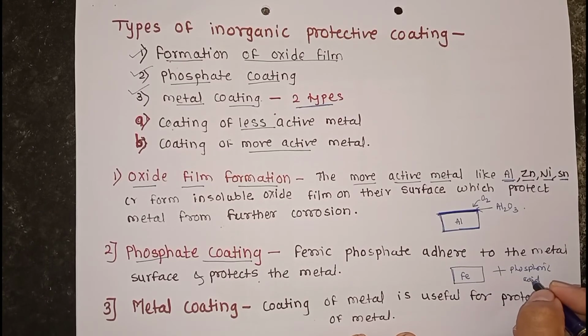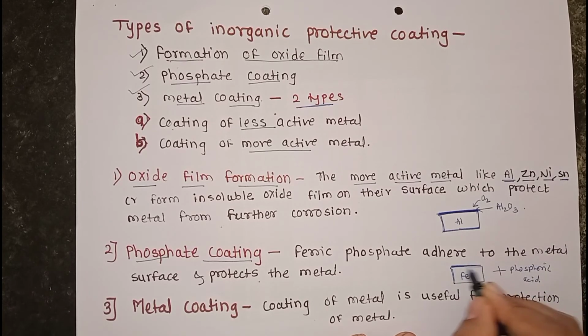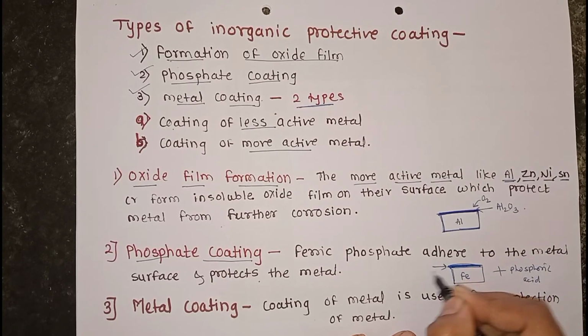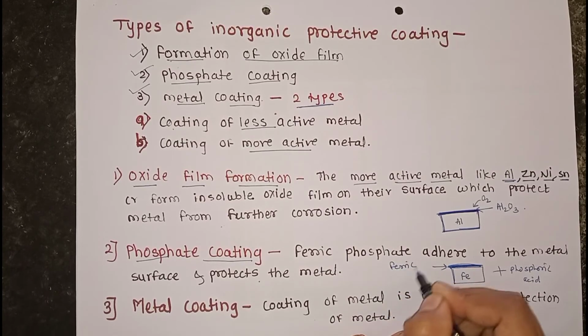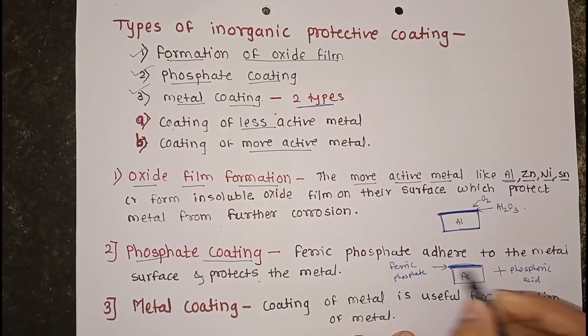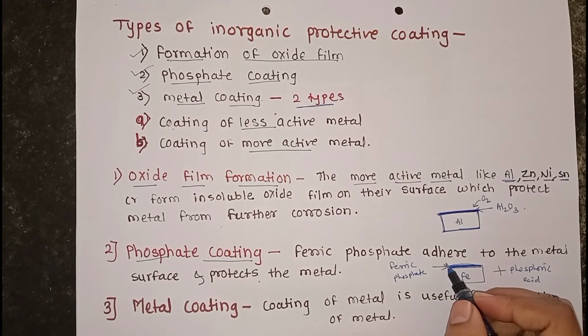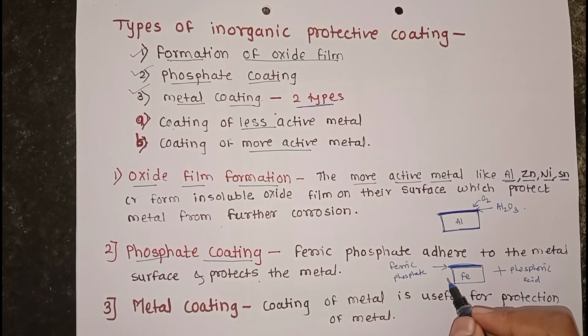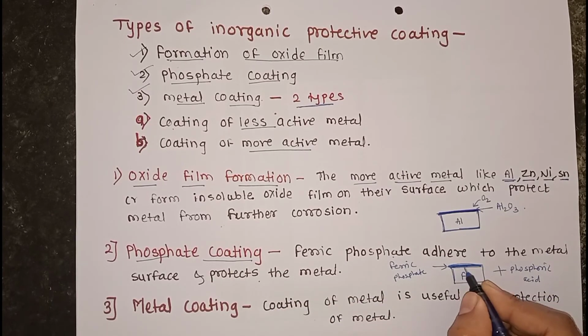When we dip this iron piece in phosphoric acid, insoluble ferric phosphate is formed on its surface, and this film is insoluble. This ferric phosphate adheres to the metal surface and protects the metal from corrosion. They adhere, meaning they are tightly fixed on the surface of the iron metal, and can protect the part below the film from further corrosion. Okay, so this is the phosphate coating.